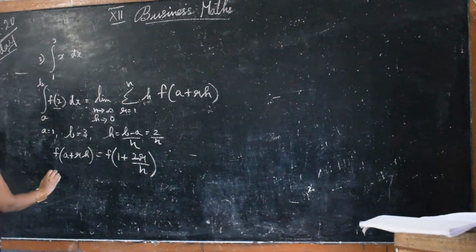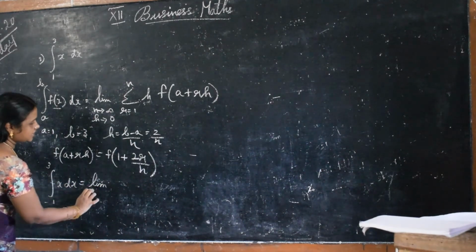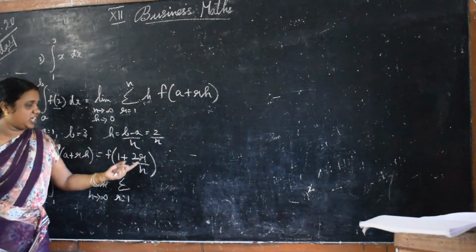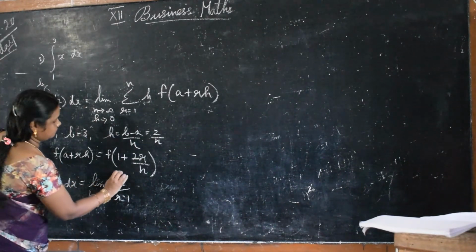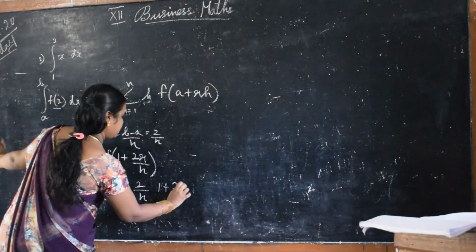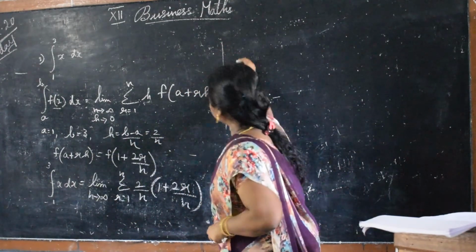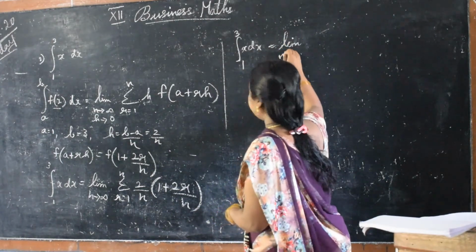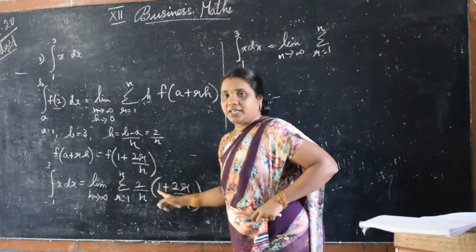So listen. Integral 1 to 3 x dx is limit n tends to infinity, summation r is equal to 1 to n. Here, see, in the question only r and n are there, so I am substituting only n tends to infinity, not h. The h value is 2 by n, 1 plus 2r by n. Just multiply with this.